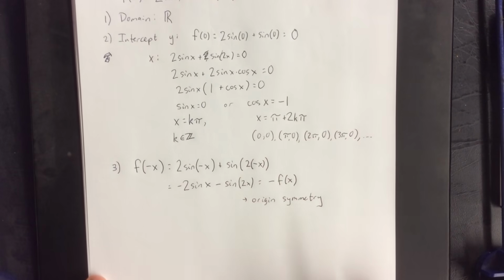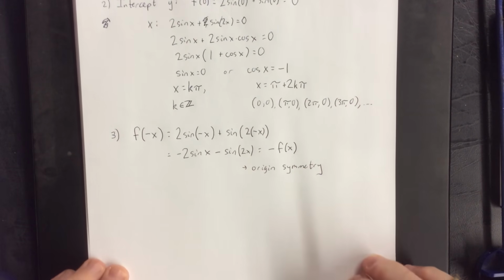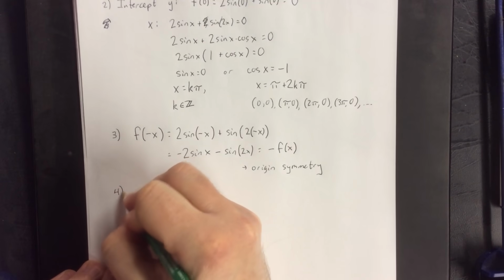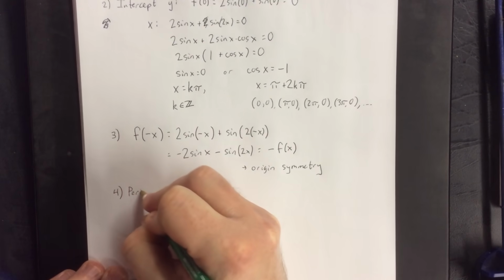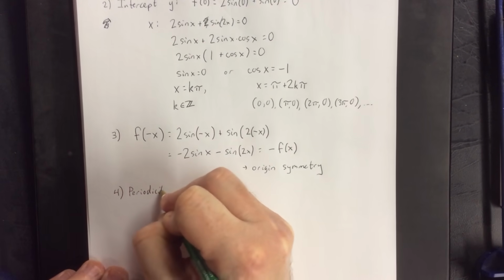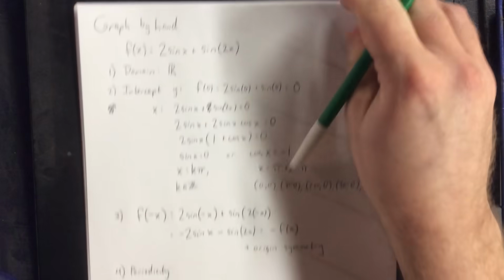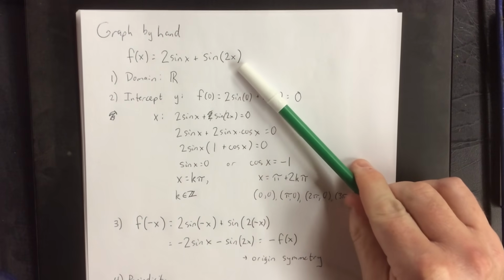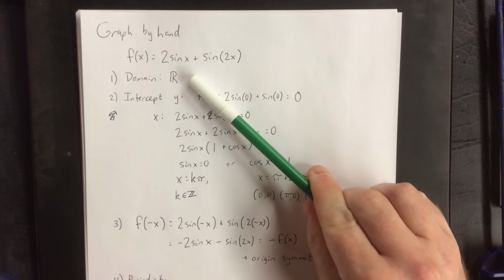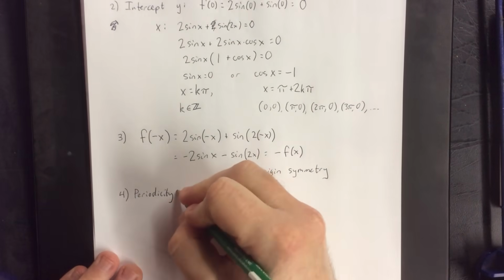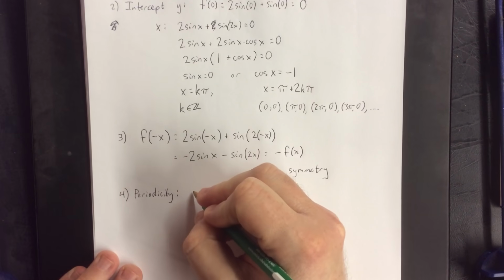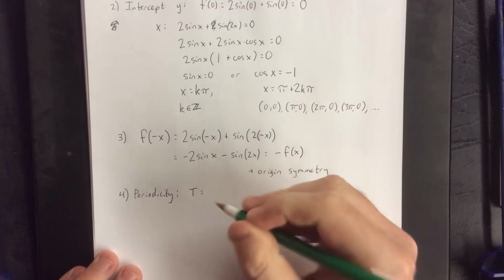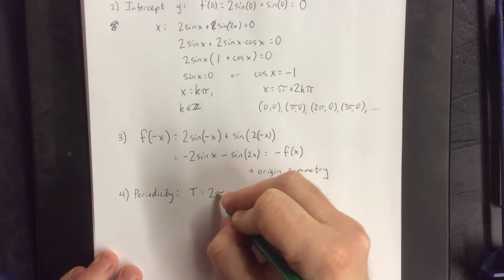In addition to the origin symmetry, I would also like to test this thing for periodicity. Periodicity only applies to trig functions, and that happens to be what we have. Now, normally, when we see a 2x, that has an impact on what the period would be, but because we have a sine of x as well, we're going to go back to simply the period is going to be equal to, we'll use T because it's time, sure.